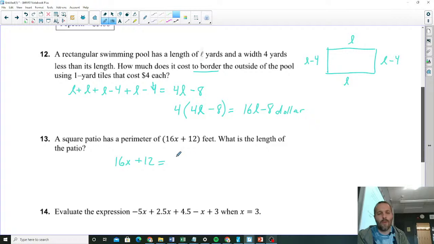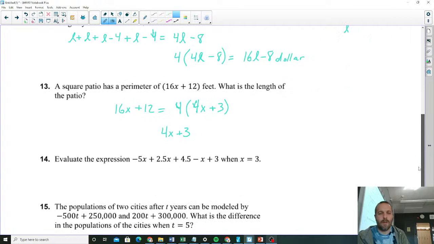So we're going to pull out a 4, and 4 times 4 is 16, and 4 times 3 is 12. So this means that the length is 4x plus 3. 2 more here.